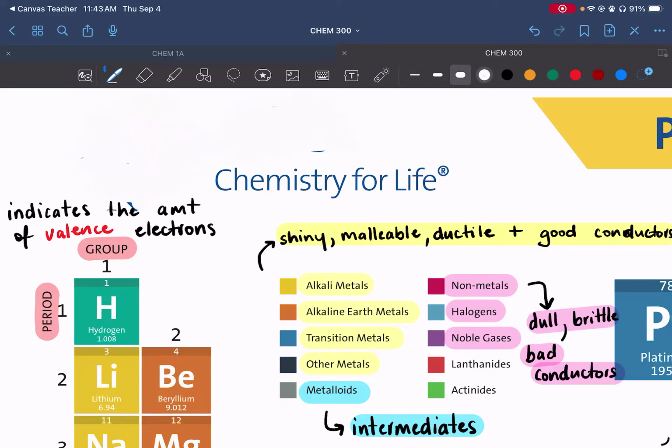I'm clearing up some space for myself. The term valence quite literally refers to outermost. As you can imagine, as we get more electrons, we get more shells. We liken them to the rings that orbit a planet.